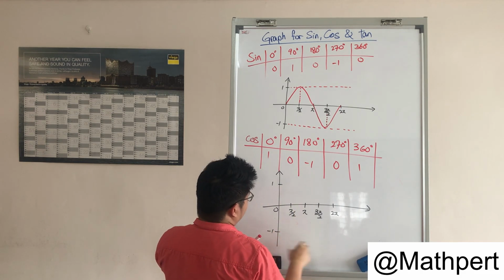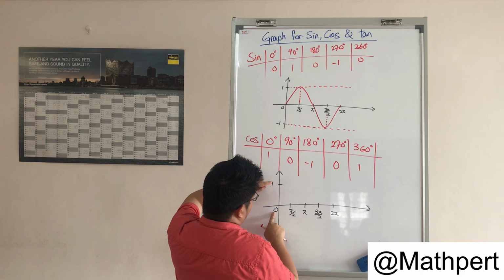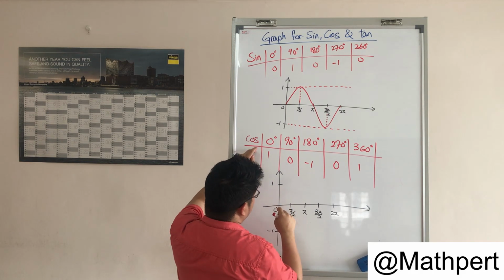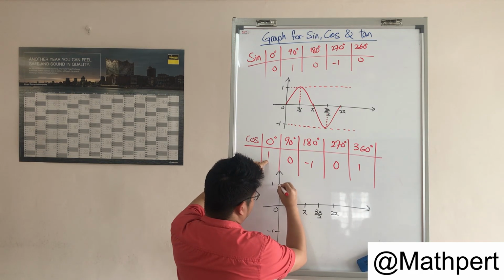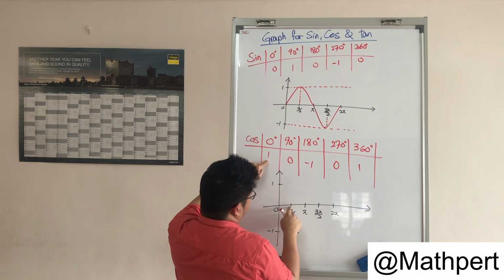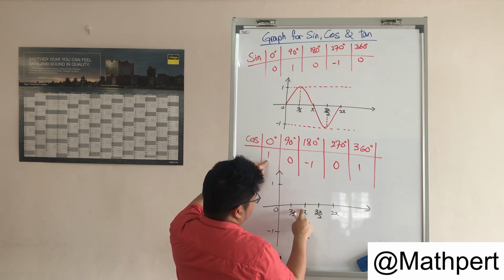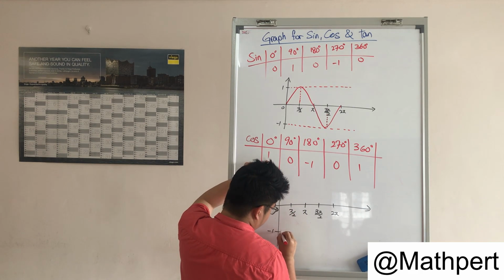So when cos 0 degrees equals 1, here is 0. 180 is negative 1, so negative 1 is here.